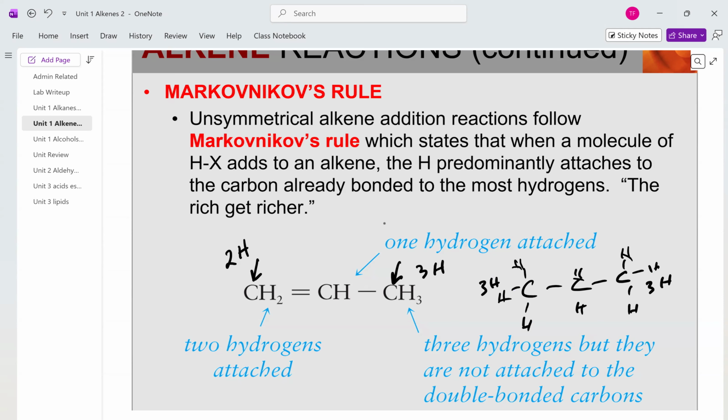So if these two made up the mixture, you would say the one on the right is more stable and you'd circle it. Also, it's more symmetrical. The one on the left is lopsided. The one on the right is balanced.